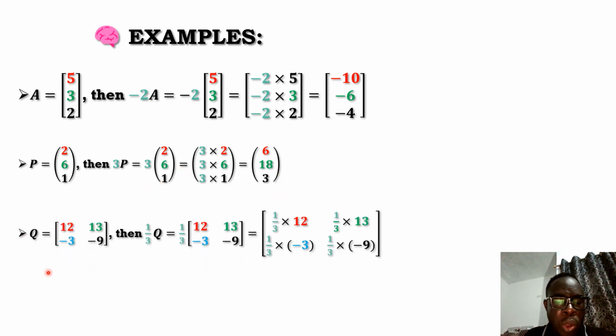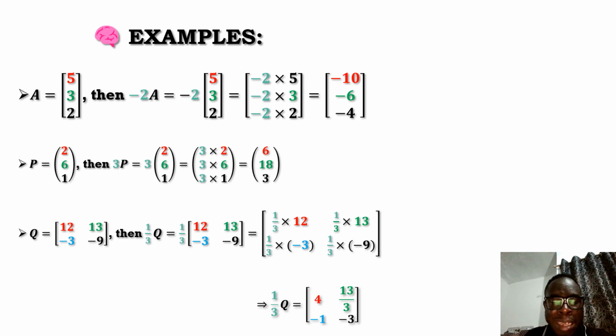In this format too, we also have another example of matrix Q. So we have 12, 13, -3, -9 as entries. Then my k becomes 1/3, and 1/3 multiplies each of the entries that we have here. You see here, 1/3 times 12, 1/3 times 13, 1/3 times -9, 1/3 times -3. Then our end results will be 4, 13/3, -1, -3. So that is the secret about scalar multiplication.